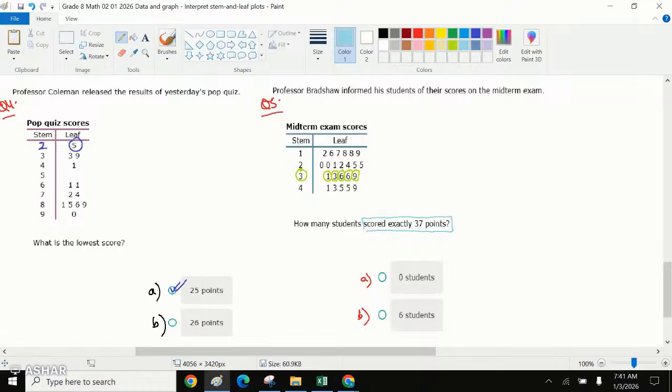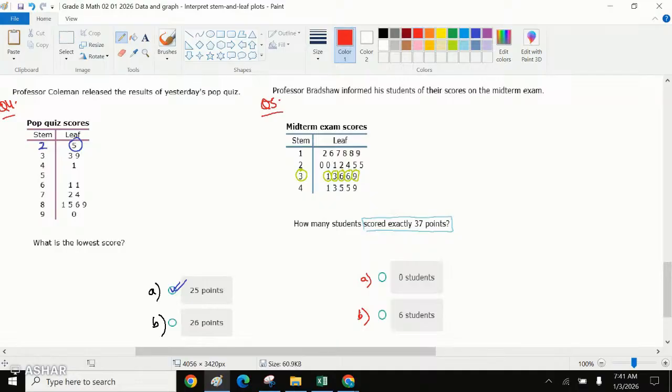Yes, the answer is correct. Your answer is 0 students, right? Because we do not see a 7 in the leaf. So if there had been a 7, then the count would change. And what should be the final answer? If it's a single line answer where you need to give the answer, you write 0 students.